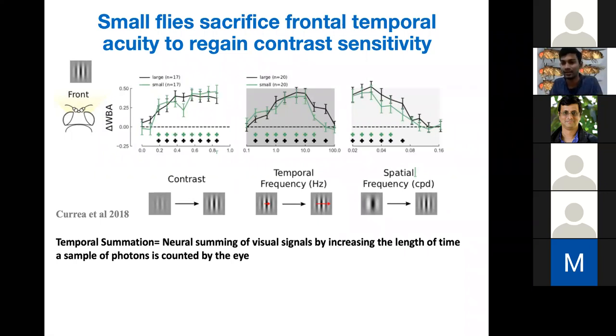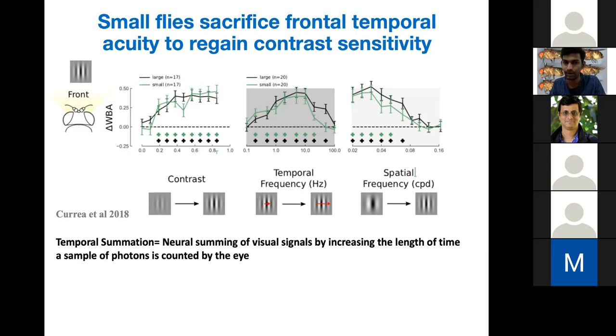I understand that, but that is the property they have not lost, despite that size variability, right? I'm sorry, I didn't understand the question. The size variability. When you compare the small flies versus the large ones, that's what you did, and what you found, if I'm correct, is that the temporal tuning was retained to a large extent.